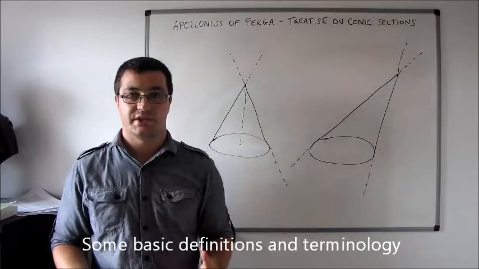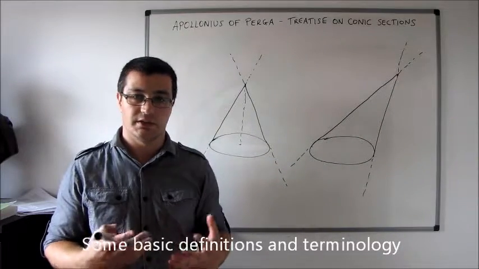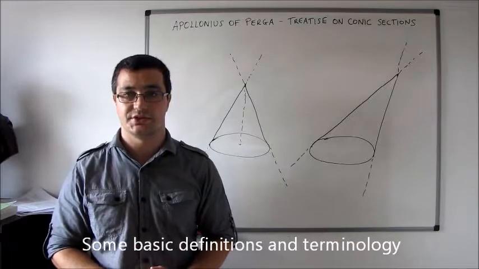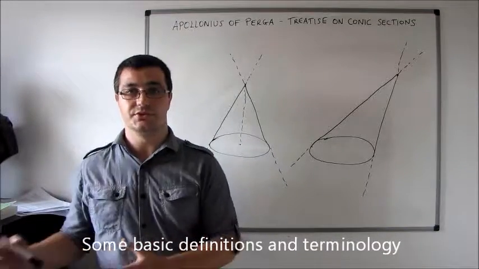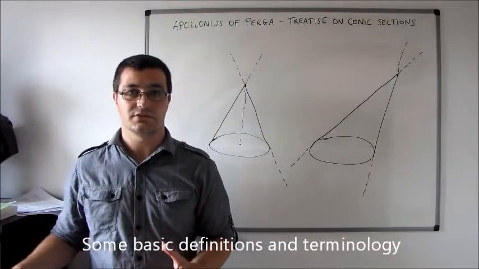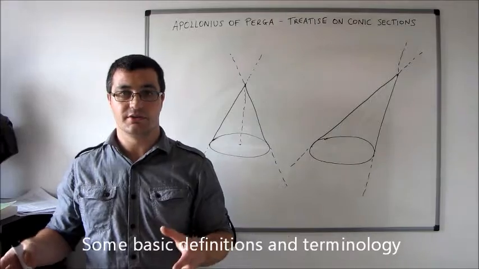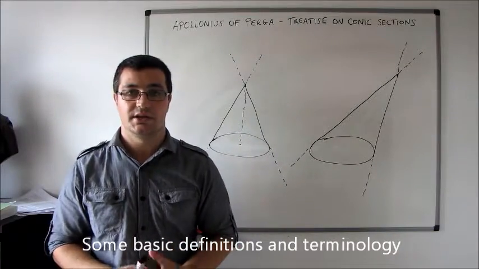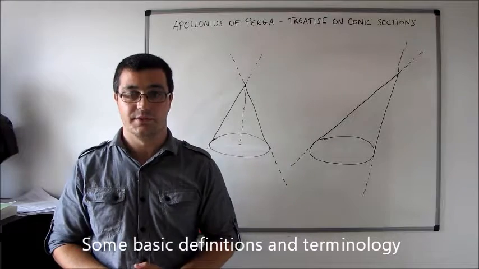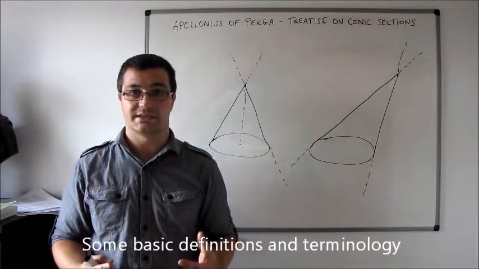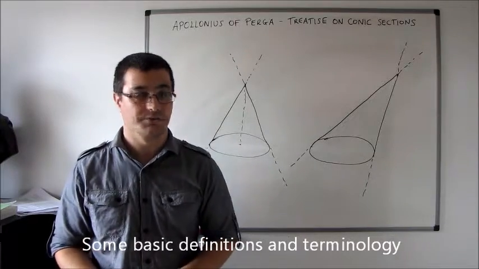At this stage, I feel it's necessary for me to go through a little bit of terminology, and introduce a few definitions relevant to Apollonius's work. In the next couple of videos, I want to concentrate on the main body of the work, so I want to get as many definitions out of the way as I can now. The first definition that I want to introduce is that of the axis of the cone.